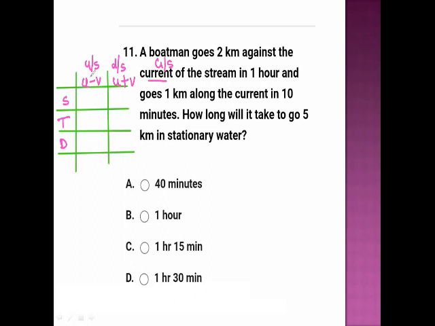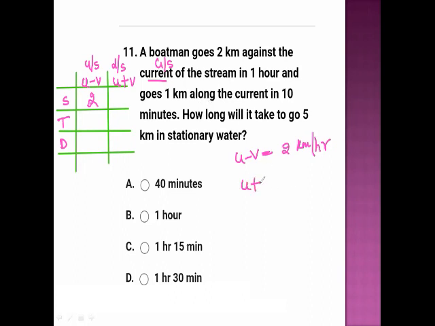In the upstream side, the speed will be u minus v. As given, 2 kilometers against the current in 1 hour. So in the sense, they have given the speed, that is u minus v is equal to 2 kilometers per hour. And he goes 1 kilometer along the current in 10 minutes.